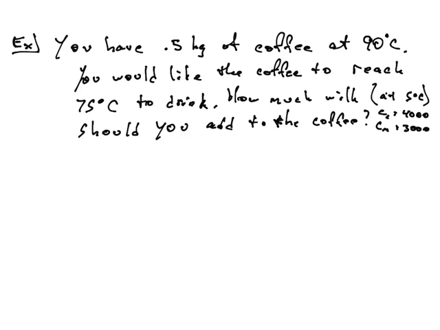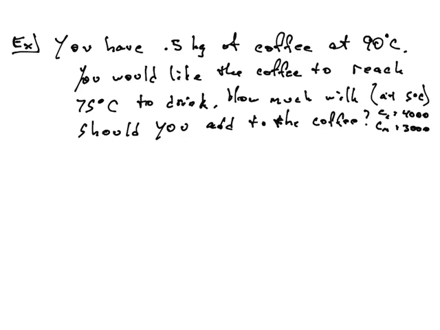We have a system. The system is we're going to combine coffee and milk together. What do we know? We know the coffee. We have half a kilogram of coffee, and that coffee starts at 90 degrees. We're then going to add milk that's starting at 5 degrees to that coffee until we reach a final temperature of 75 degrees.